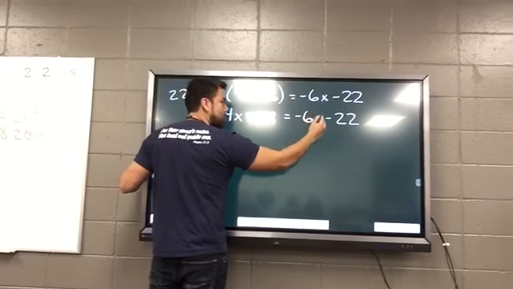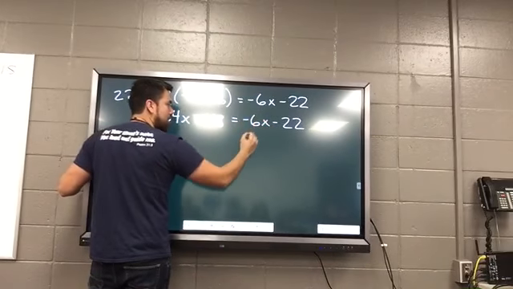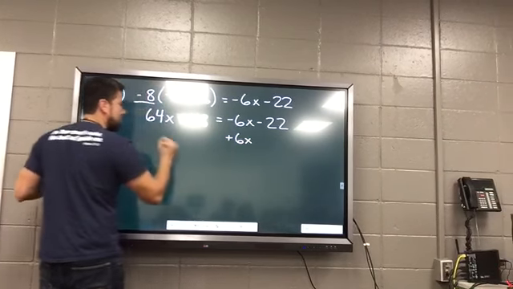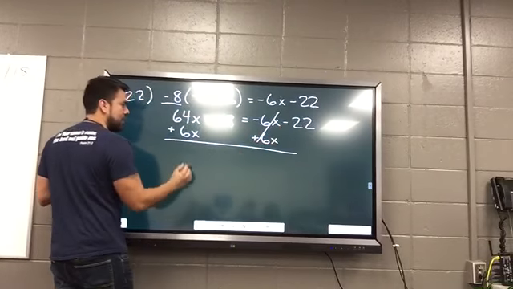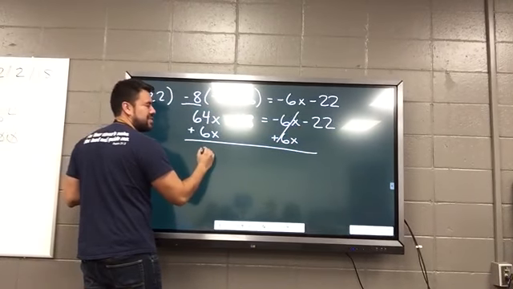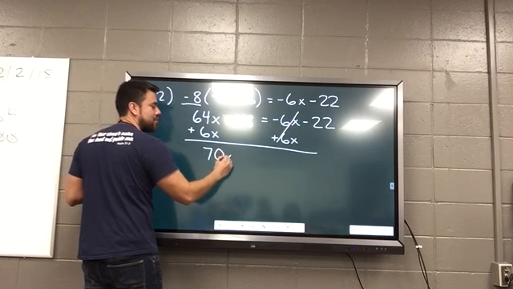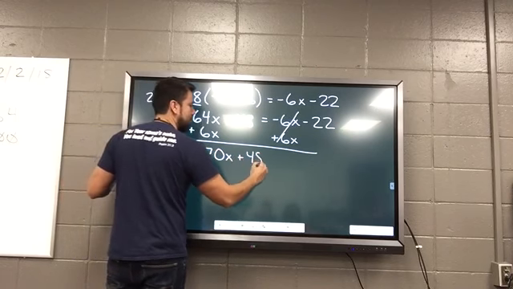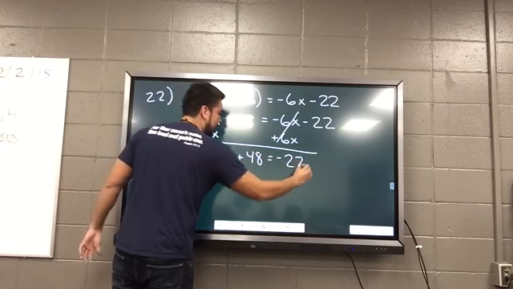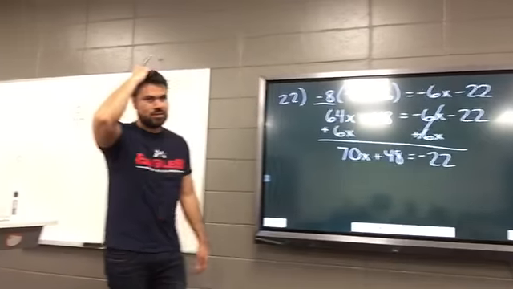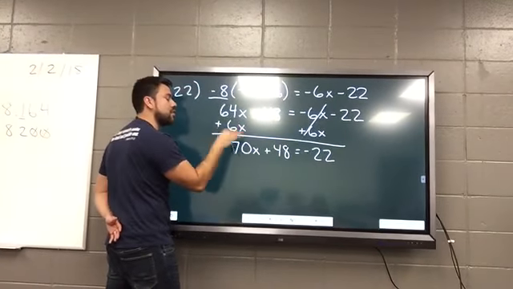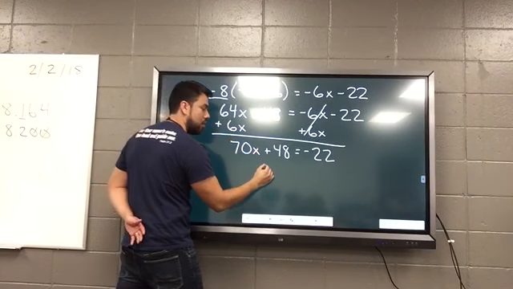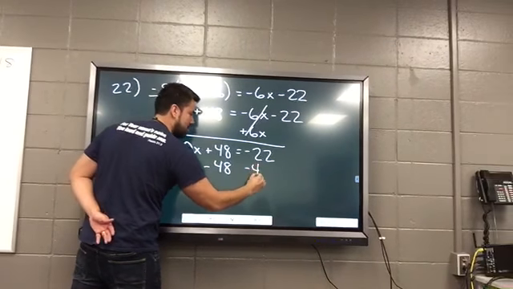So what can I do to get rid of it here? Add 6x to both sides. All right, I cancel it out there. I get 70x plus 48 equals negative 22. You're like, I can't do that. Watch what happens. What do you do to solve for x now? Now that it's all by itself on the left side, you subtract 48 from both sides.